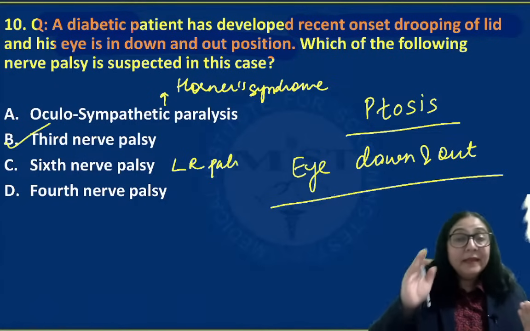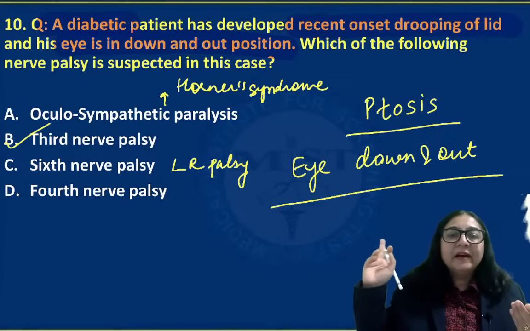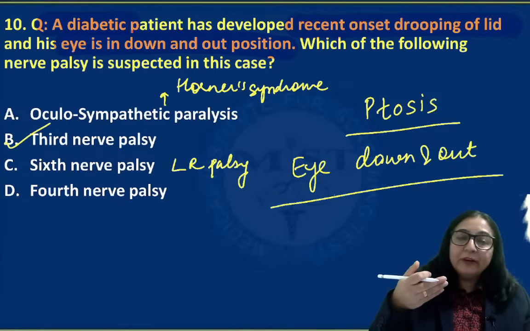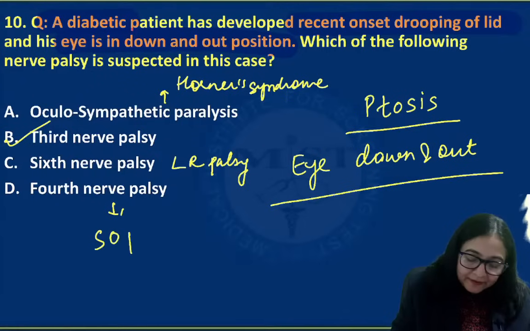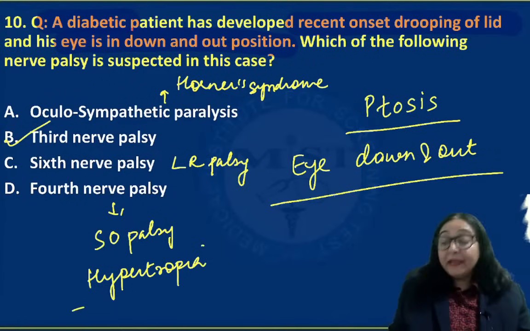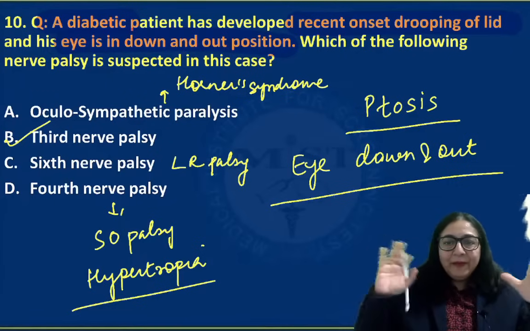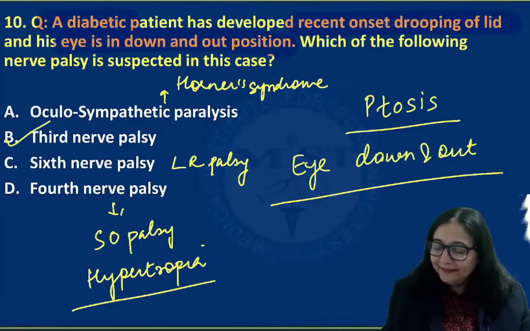So the eye will not be able to move outward, abduction will not be possible, so there is a medial convergent squint. In fourth nerve palsy, the superior oblique muscle is paralyzed, so the eye goes into hypertropia. Right? Perfect. Okay, so you'll be able to identify third nerve or the other muscle paralysis based upon this information.